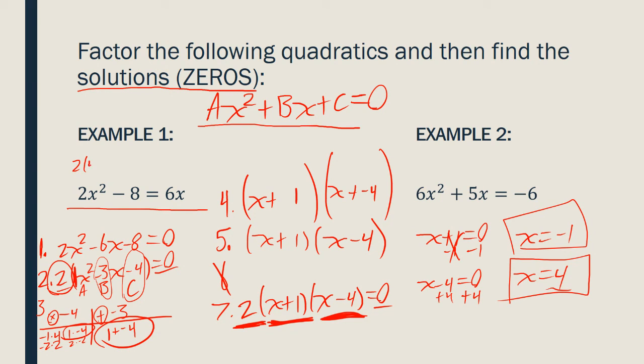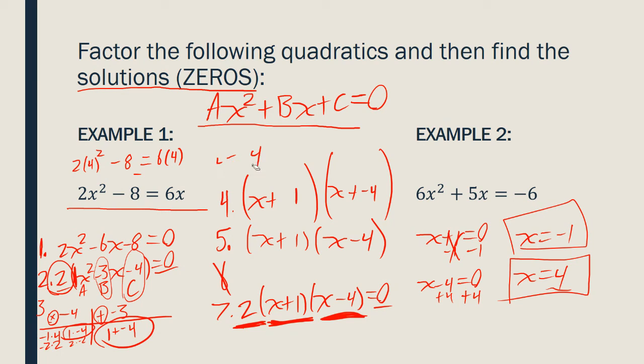So 2 times 4 squared, I'm going to put 4 in there for x in parentheses, minus 8 equals 6 times 4. Well, 4 squared is 16, times 2 is 32, so I have 32 minus 8 equals 24. 32 minus 8, indeed, is 24. 24 does equal 24. I must have done that correctly.